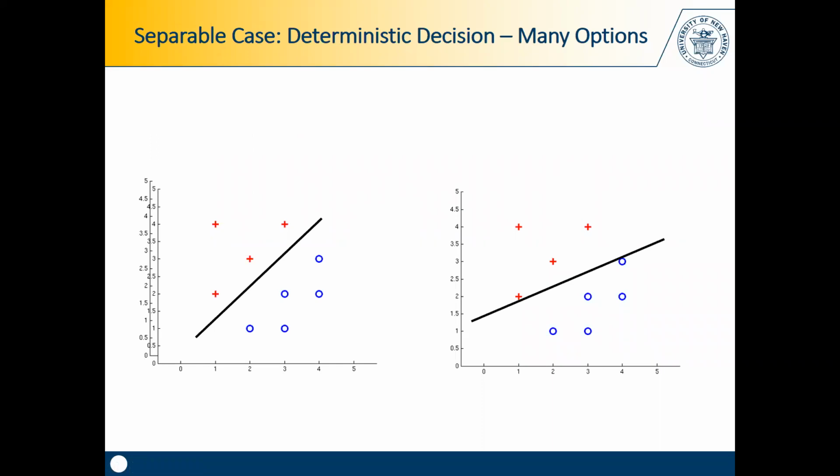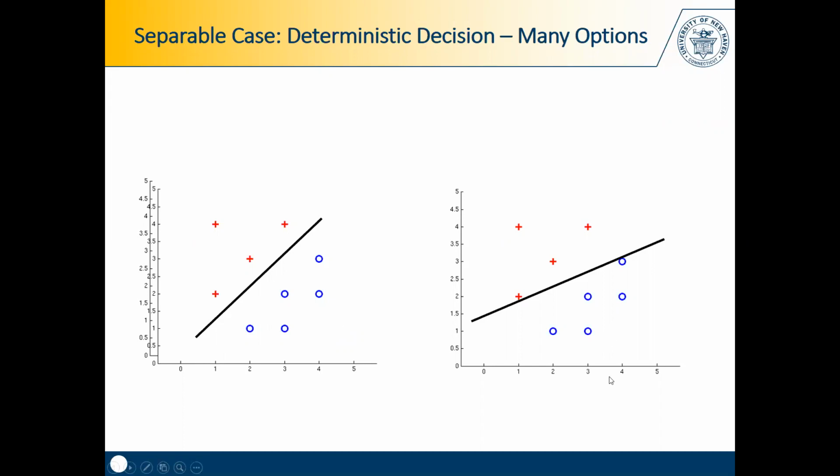So let's assume we have a separable case, and we want to make a deterministic decision. We don't want to go with probabilistic models. We want to come up with a line that says whatever is on one side of me is positive and whatever is on the other side is negative. The problem is we can come up with many, many different lines that separate these two linearly separable classes.